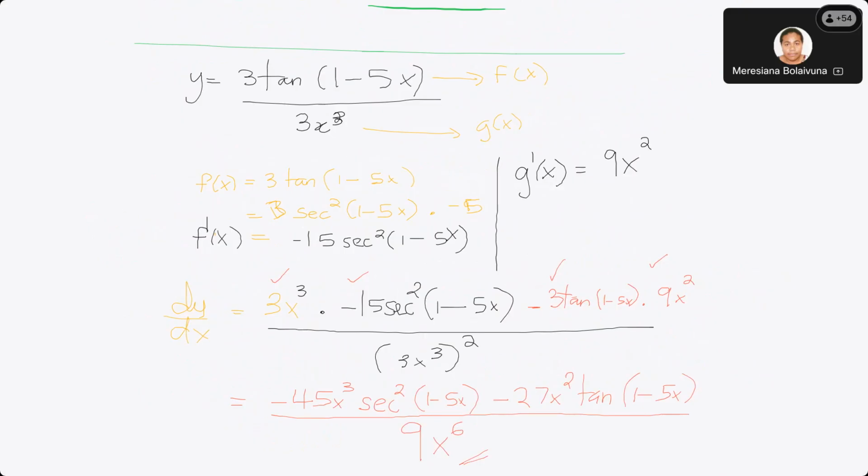So g times f dash minus f times g dash divided by g squared. Okay, so any questions with regards to question number 1 before we move on to question 2?